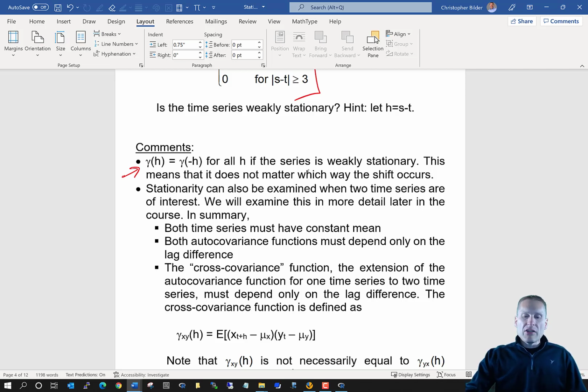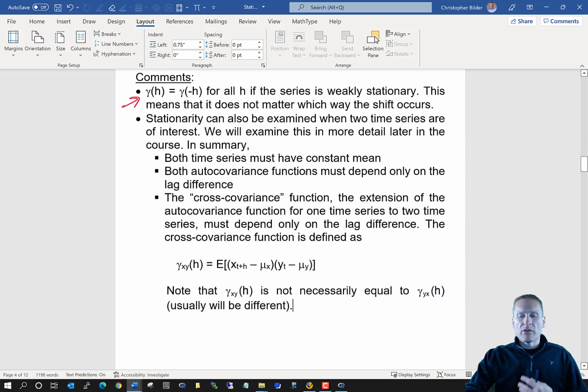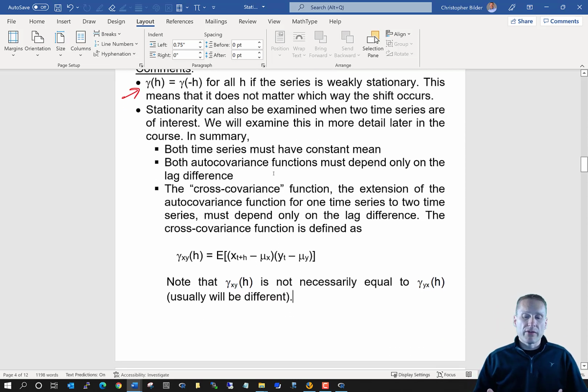Now, stationarity can also be examined when 2 time series are of interest, let's say x sub t and y sub t. Very often, some textbooks will introduce the concept of stationarity in terms of two time series at the same time.